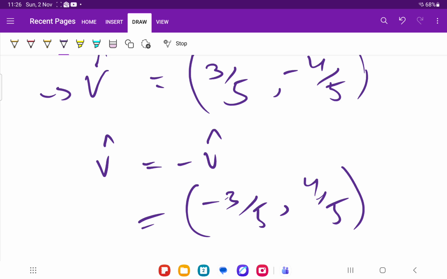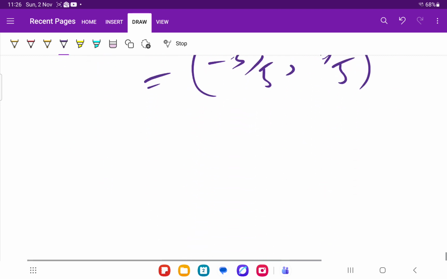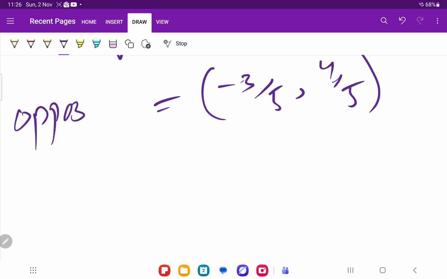If I am asking you to calculate the vector in opposite direction, whatever you have found, just multiply with the negative, so you will get the opposite of that vector. Okay, that is the opposite vector.